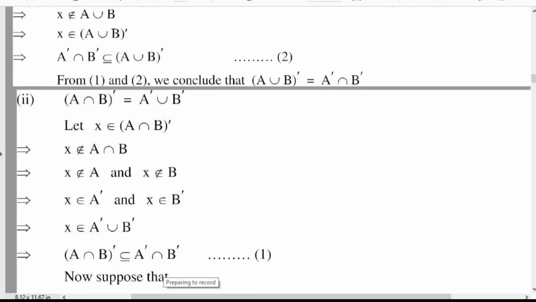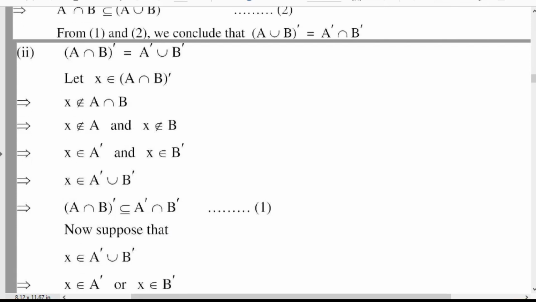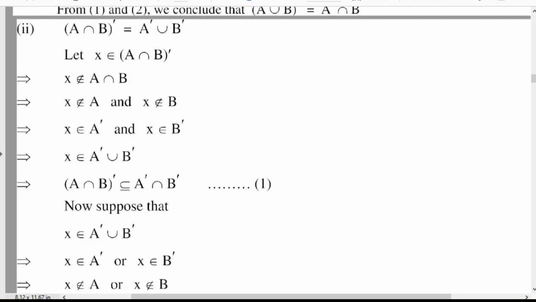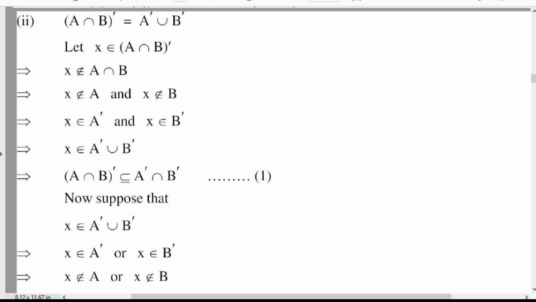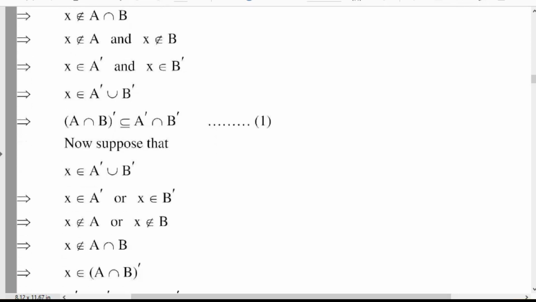Now suppose that X belongs to A complement union B complement, so X belongs to A complement or X belongs to B complement. So X does not belong to A or X does not belong to B. So X does not belong to A intersection B, so X belongs to (A intersection B) whole complement.